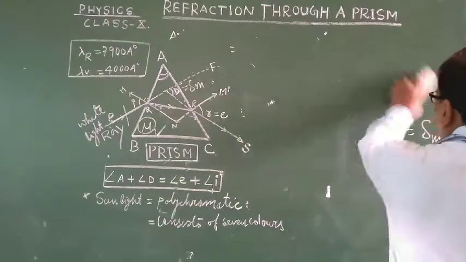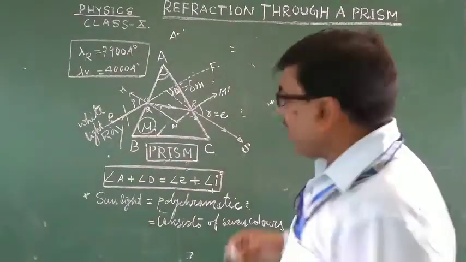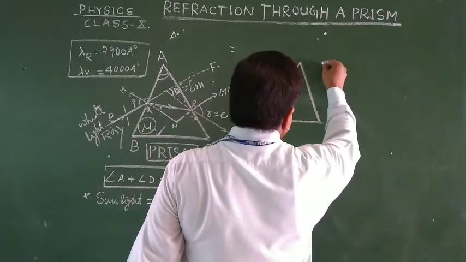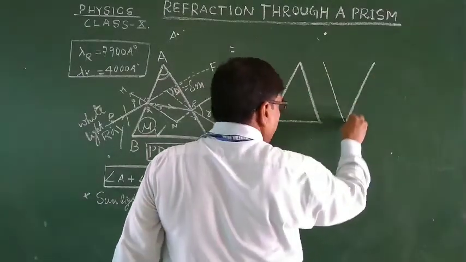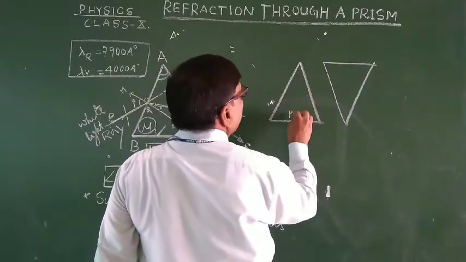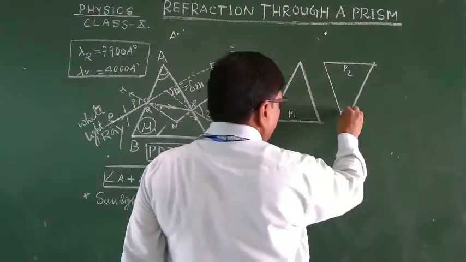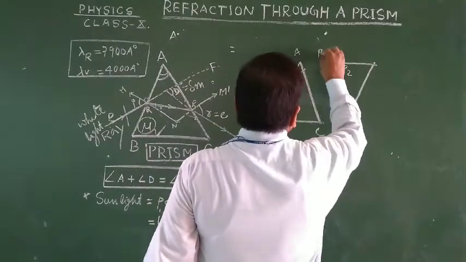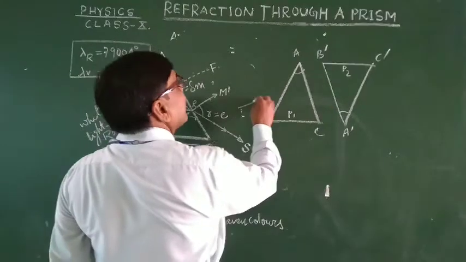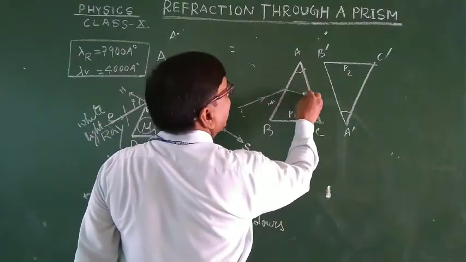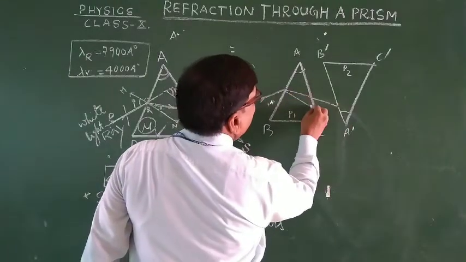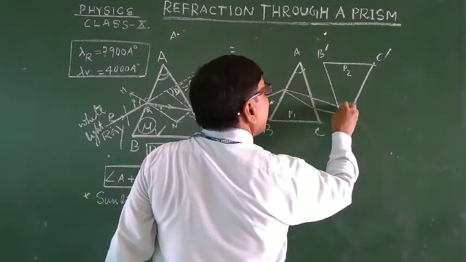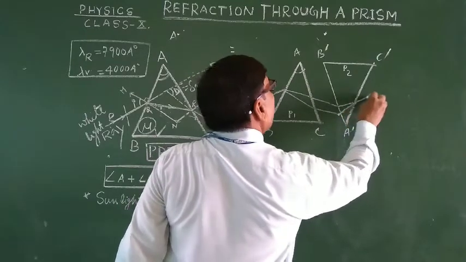If two prisms of different dispersive power are kept opposite to each other in such a way that their prism angles are opposite, prism 1 with prism angle A and prism 2 with prism angle A dash, and white light is allowed to pass through, then it recombines to form a single beam.